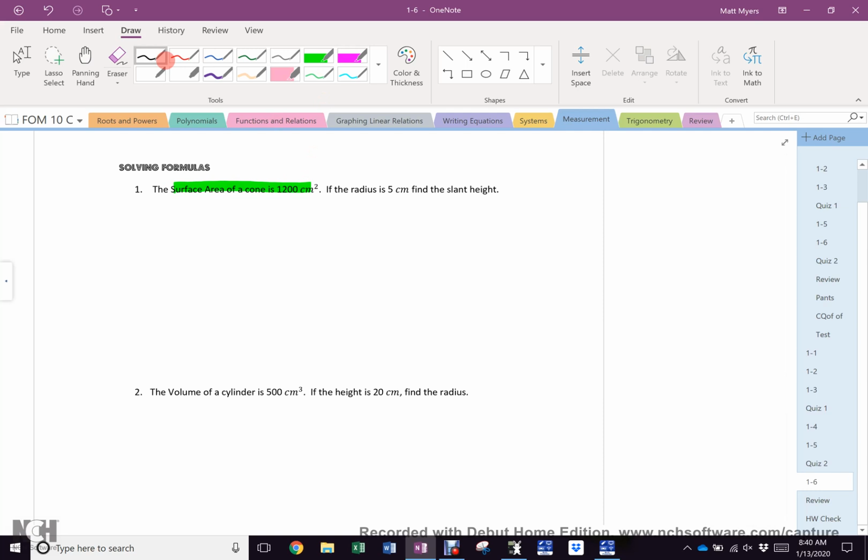We need the surface area of a cone, right? So SA equals, if you don't have it memorized, you would look on that sheet I gave you. That sheet tells you that the surface area of a cone is pi r squared plus pi r slant. Yes?